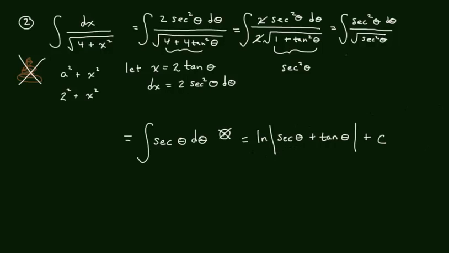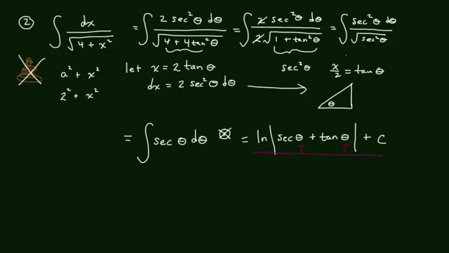We don't leave this as the answer because I have thetas in here and I need to put it in terms of x. So that's when it calls me to draw the triangle. So x equals 2 tan theta, or x over 2 equals tan theta. Draw my right triangle, draw my theta.